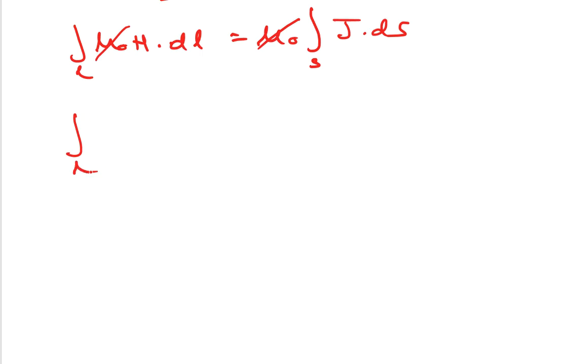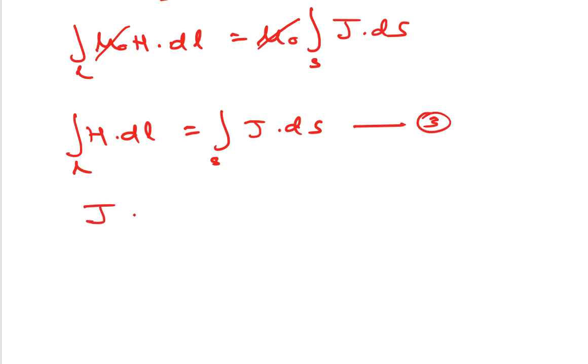Finally we'll get a line integral of H dl equal to a surface integral of J dot ds. Now J is the current density. The total current density is given by a conduction current plus a displacement current. Hope we have derived this, so the total current density equals conduction current plus displacement current.